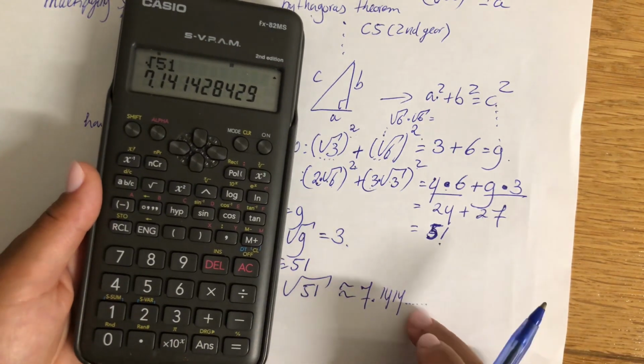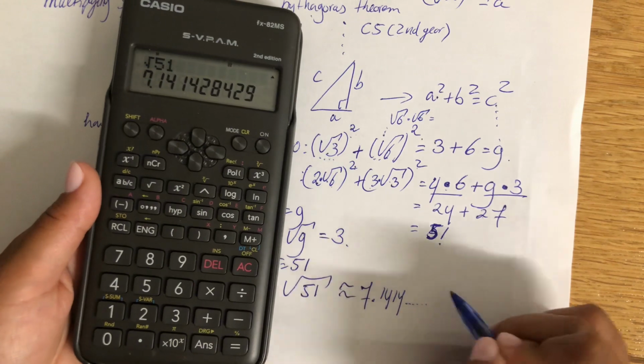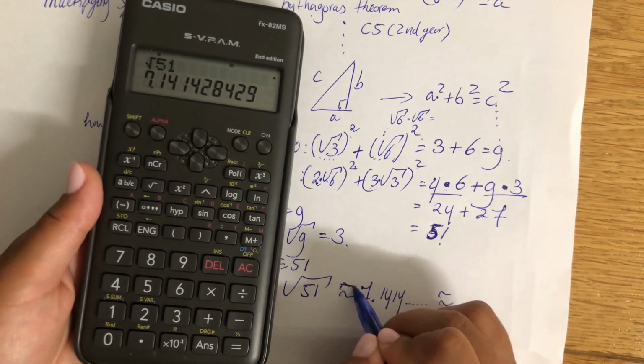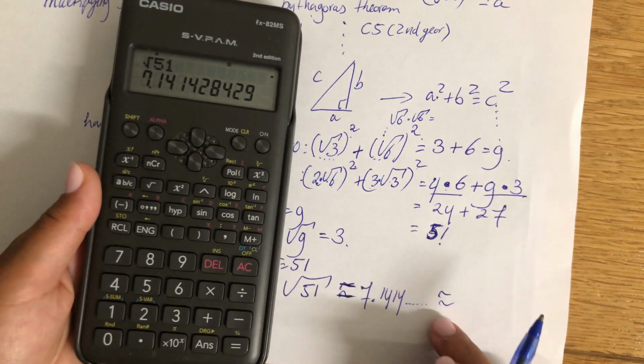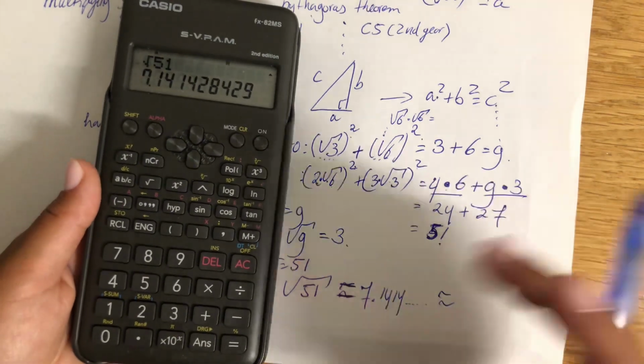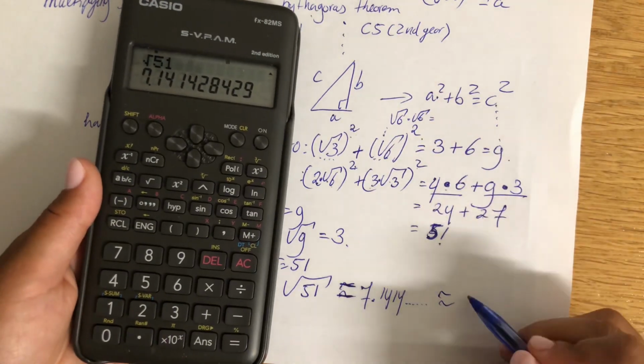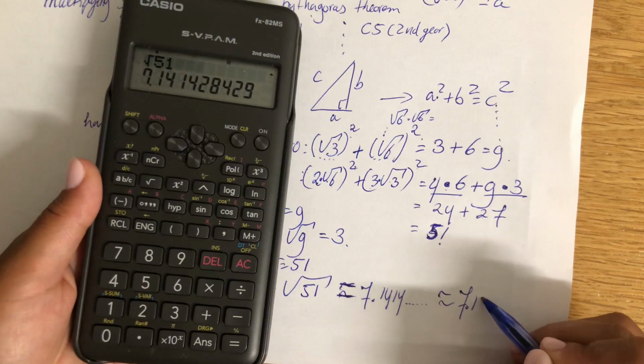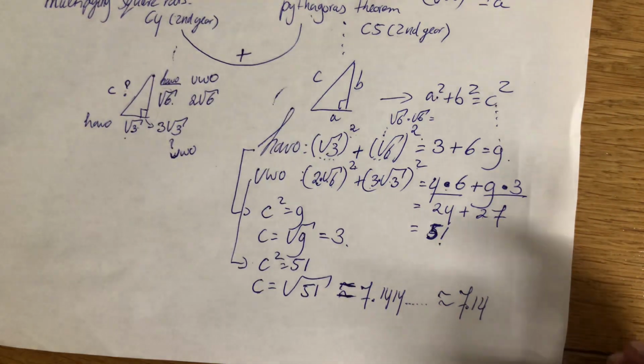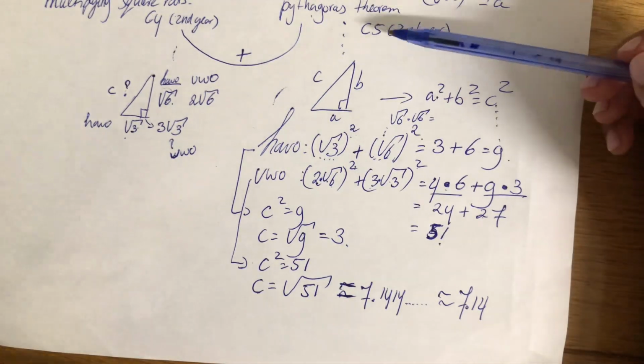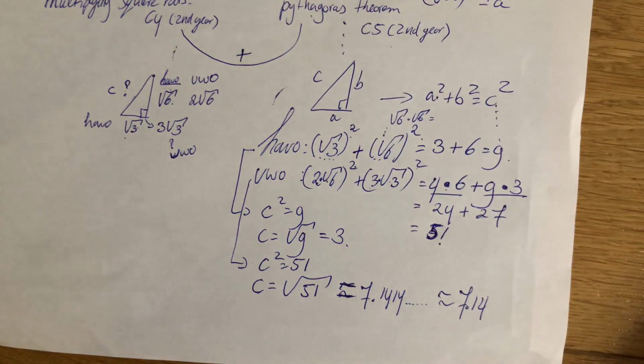Remember the writing with the dots. This has to be, by the way, an equal sign because here we are rounding. Let's say we round to 2 decimals. We say this is 7.14. So now you can see Pythagoras theorem combined with multiplying square roots.